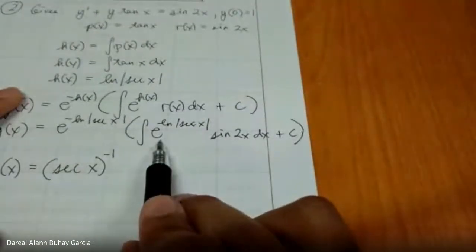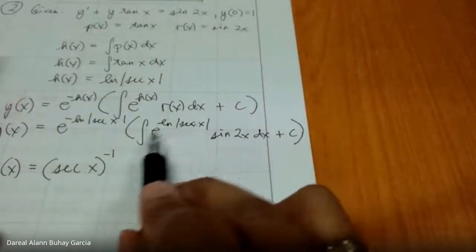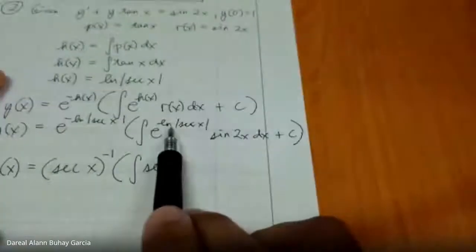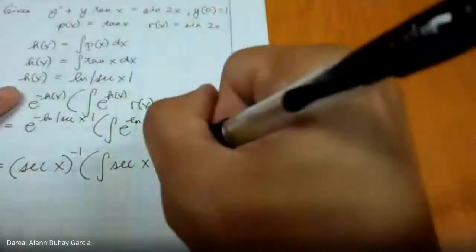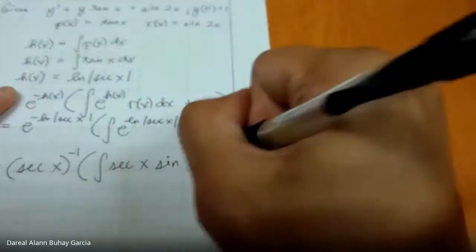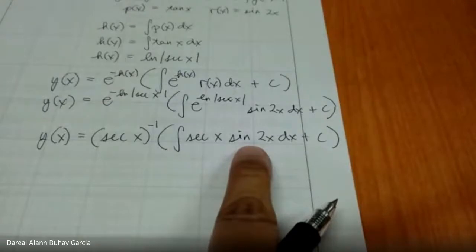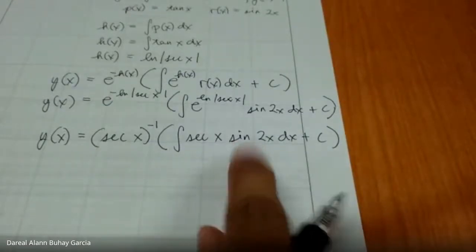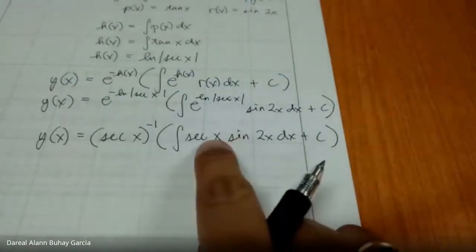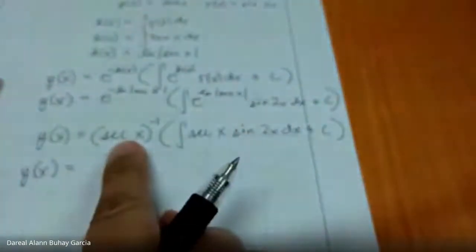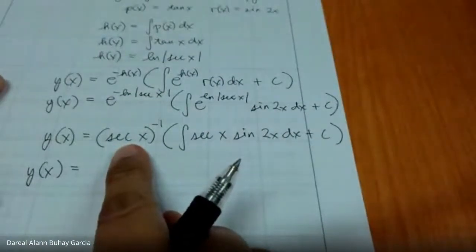This one only becomes the integral of secant x, positive man siya, times sine 2x dx plus c. Identity, right? What's the reciprocal of secant? Cosine.